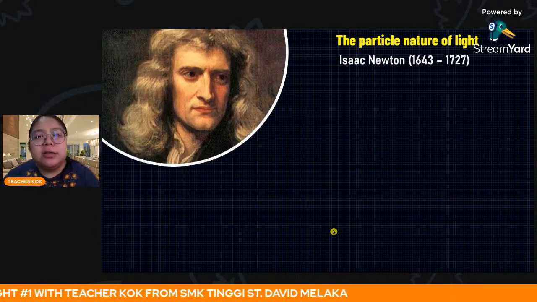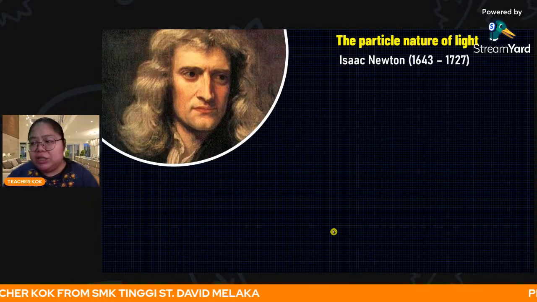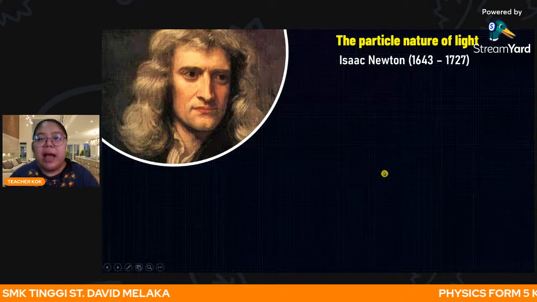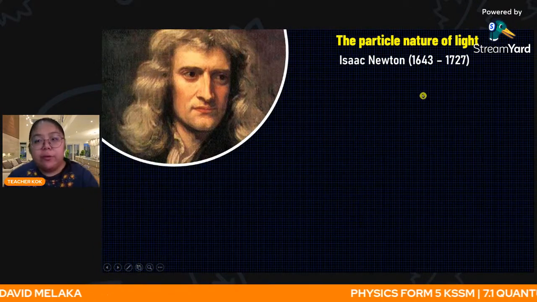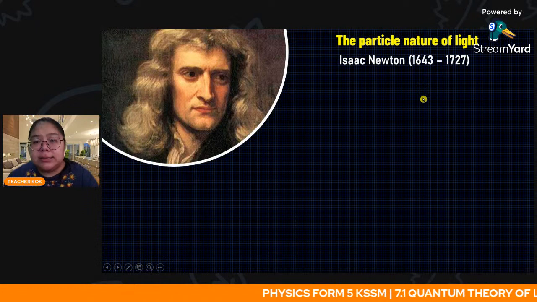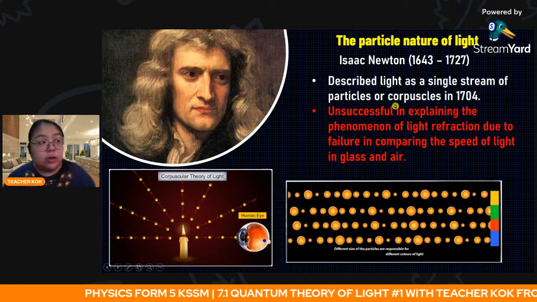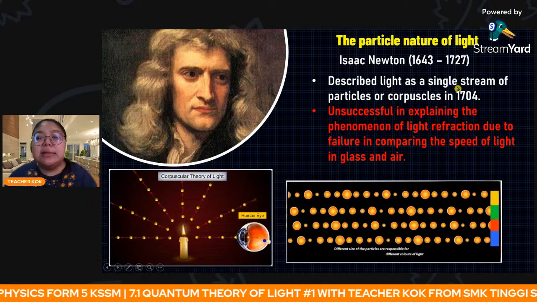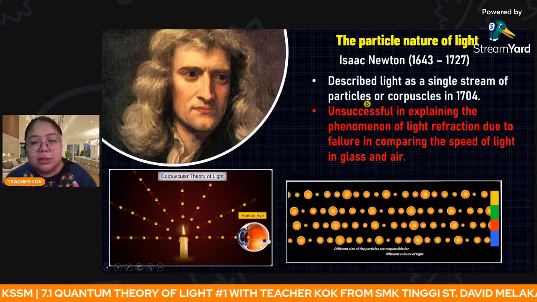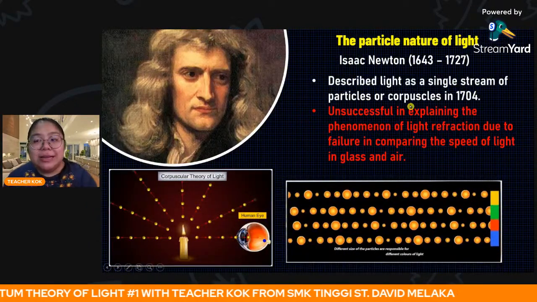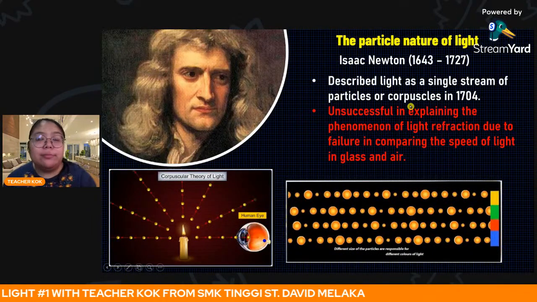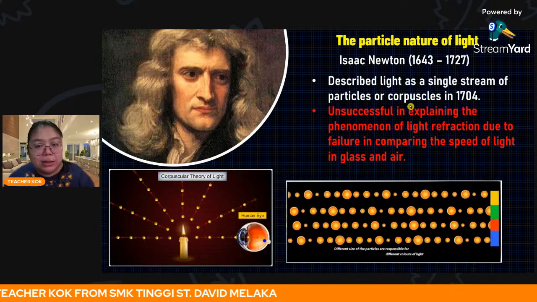Isaac Newton is talking about the particle nature of light. Isaac Newton, 1643 until 1727, described light as a stream of particles, or corpuscles, in 1904. They're saying light is a particle.